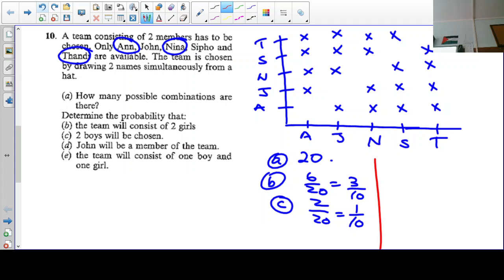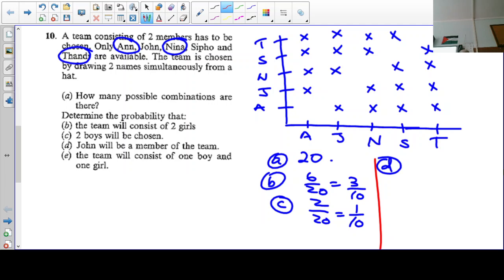Let's look at D. For D, John will be a member of the team. If you have to consider John as a member, John can either be chosen first or John can be chosen second. We all agree with that.